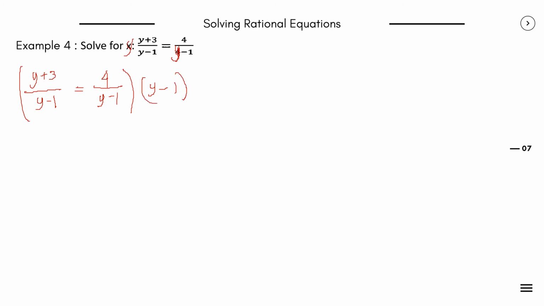But if our denominators are not the same, kunwari, yung isa, y minus 1, tapos yung isa is y minus 4, something like that, yung dalawang denominator na yun na yung maging LCD nyo, yung dalawa na mismo. Diba?